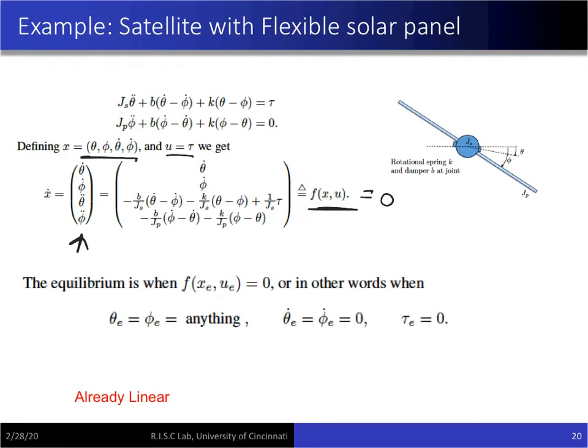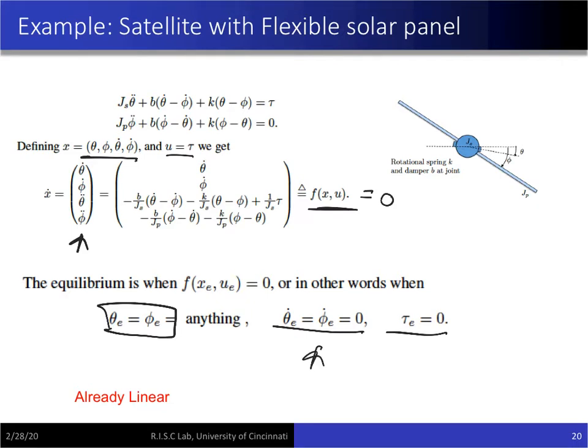You will see that these things don't matter, whatever angle they are, because they can remain constant, right? They can be anything when you start, but they should not change. So this is the solution we get, that your torque should be 0 and your rates should be 0, and your phi and theta can be anything.